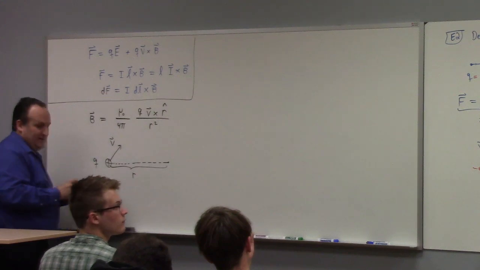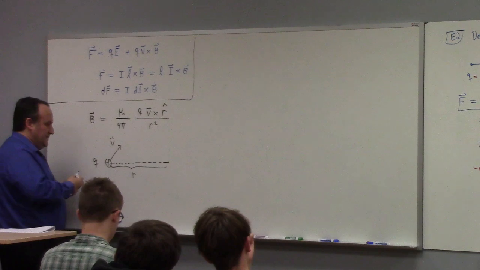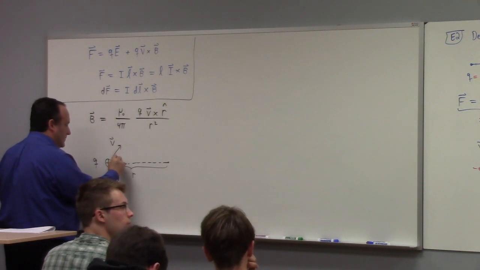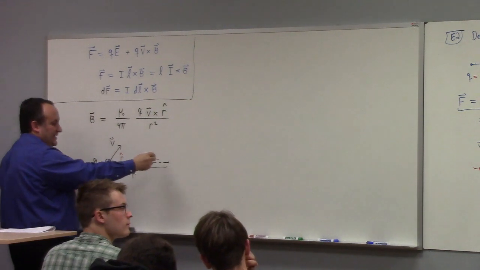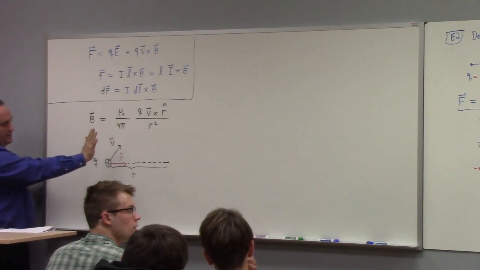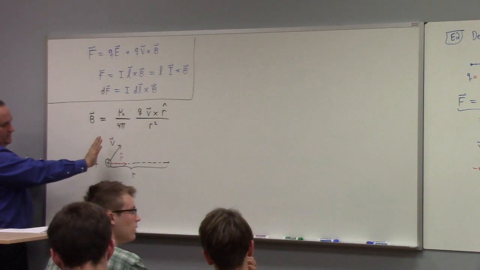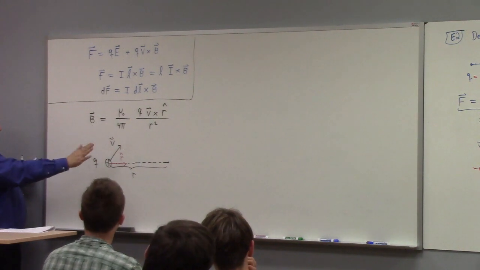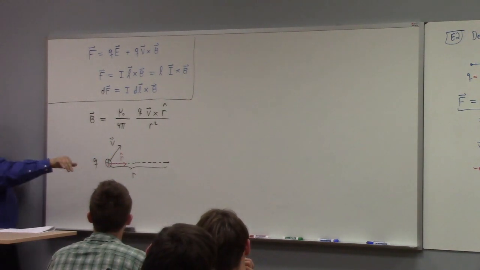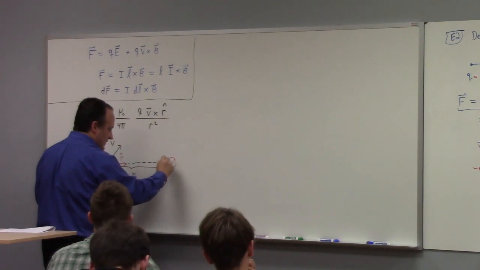So the r hat vector points from the place where the charge is to the place where I'm measuring the magnetic field. And the deal is I do v crossed into r hat. What does that do for me? V into the page, right? So here the magnetic field would look something like this, all right?